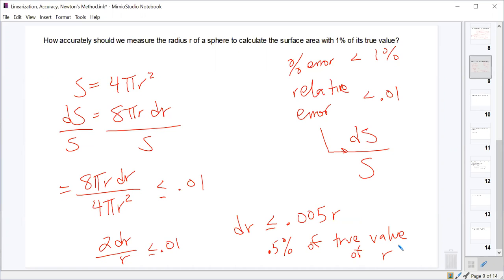So if we want to make sure that our surface area is within 1% of the actual value, we need to measure the radius to within 0.5% accuracy. Does that make sense or no? Yeah, that's cool. Everybody good? Any questions on that?